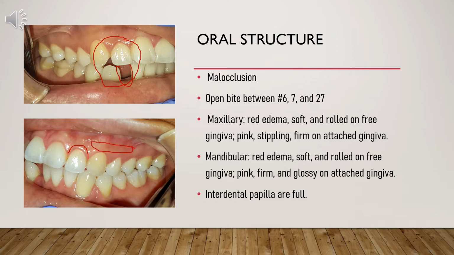On the mandibular arch, the free gingiva is red, edematous, soft and rolled, and then on the attached gingiva, pink, firm and glossy. The interdental papillae of the patient are full.